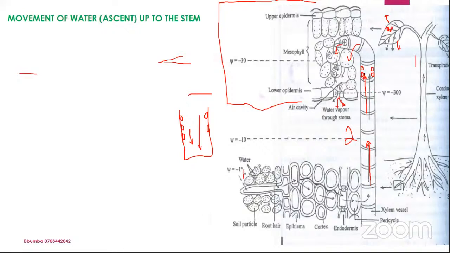Now, the second force is the cohesive force. Cohesive force is the force of attraction between the water molecules themselves. Like when you have a water droplet, it can easily stick to another water droplet and another water droplet. So what prevents this water from breaking up?